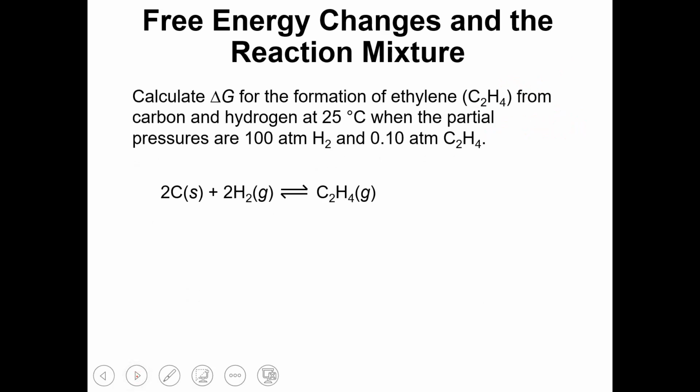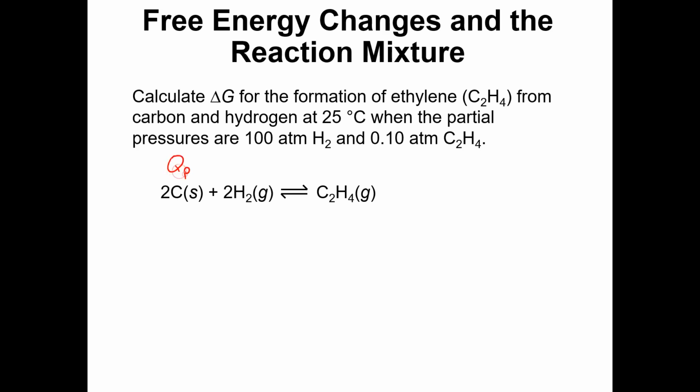So let's take a look at an example where we use this equation. We want to calculate delta G for the formation of ethylene, which is C2H4, from carbon and hydrogen at 25 degrees Celsius when the partial pressures are 100 atm for H2 and 0.10 atm for C2H4. Let's start by writing the expression for QP and doing the calculation.